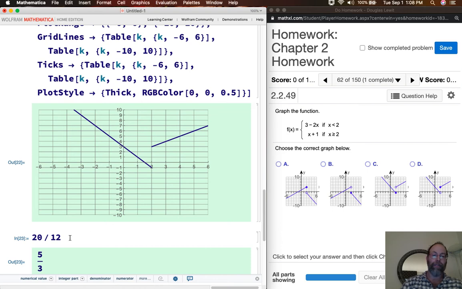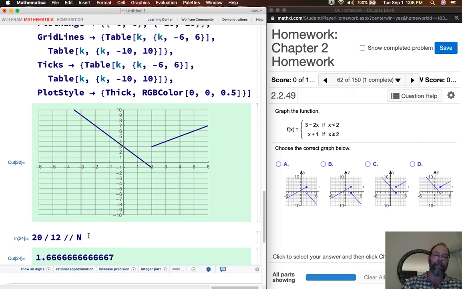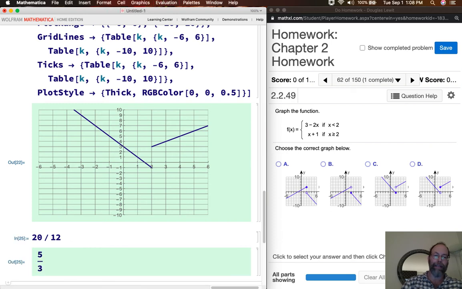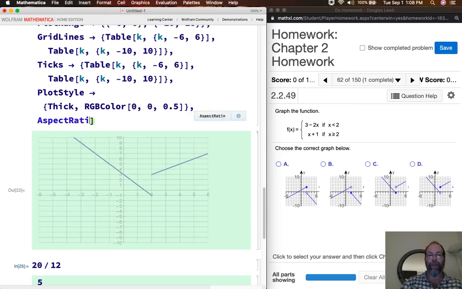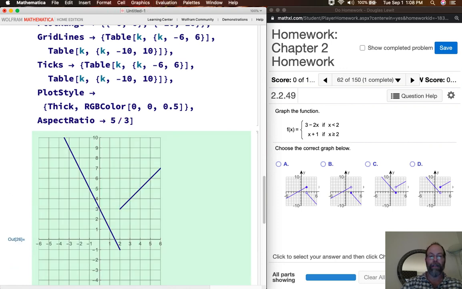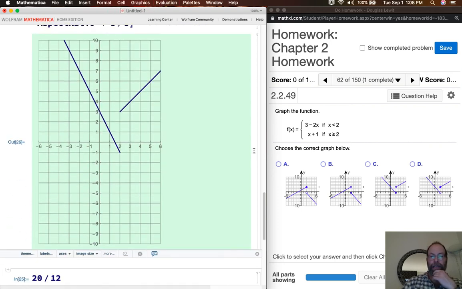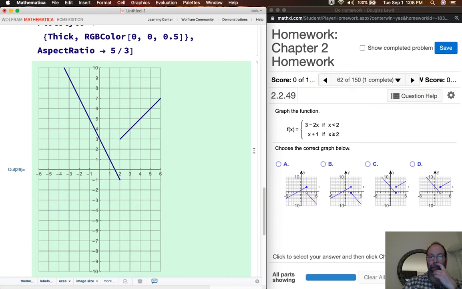So that's 5/3, but let's keep it as a fraction. Ideally, I want the y-axis to be 5/3 as long as the x-axis. So aspect ratio will be 5/3. That's stretched out a little bit too much.